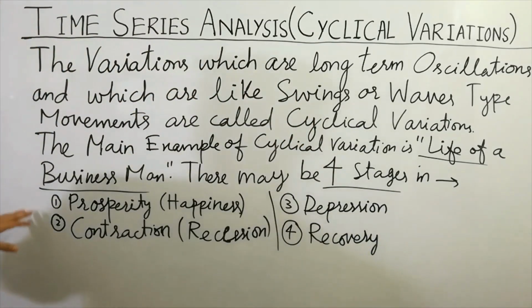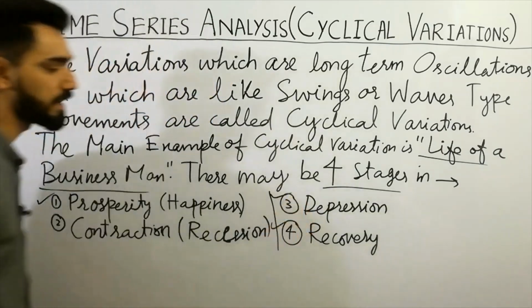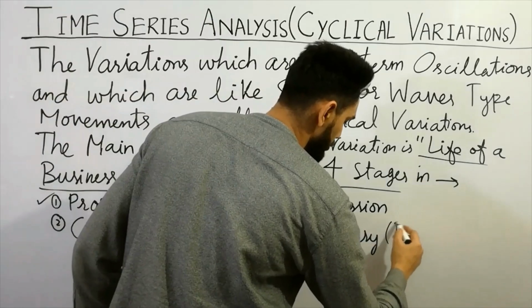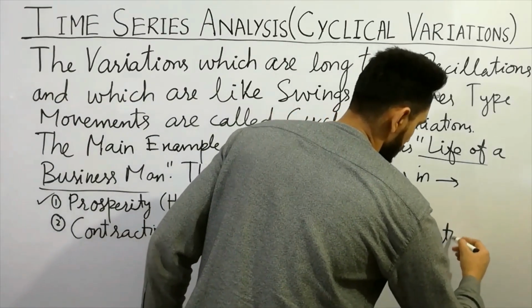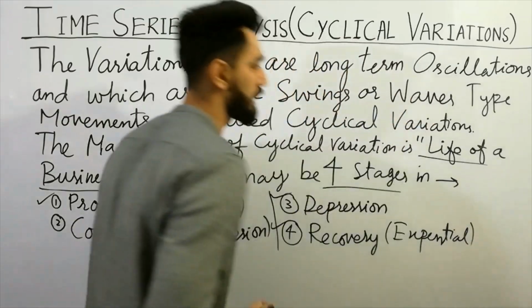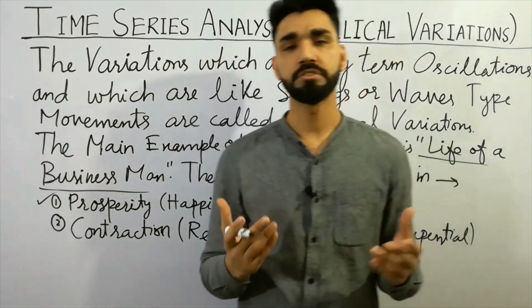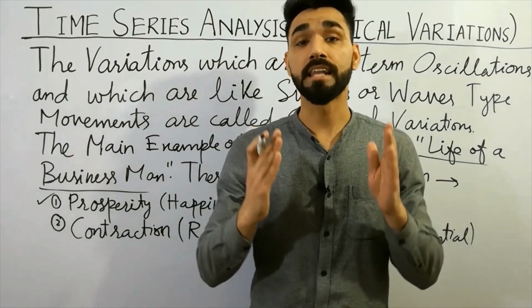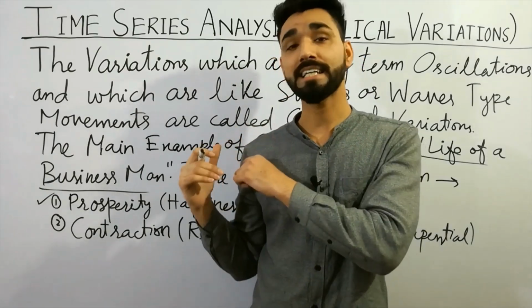Sometimes after prosperity and depression, he also gets recovery, or you can say expansion. That's called cyclical variation. So must remember that if you are asked what is cyclic variation, you can say the life of a businessman, that's called cyclical.